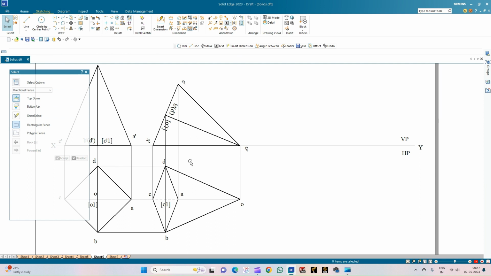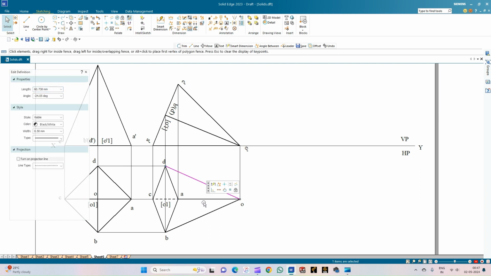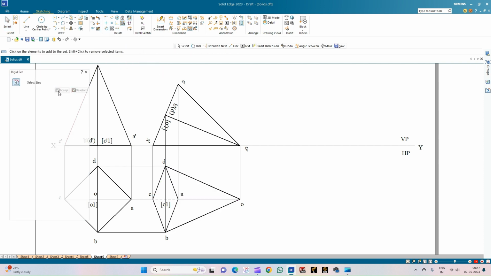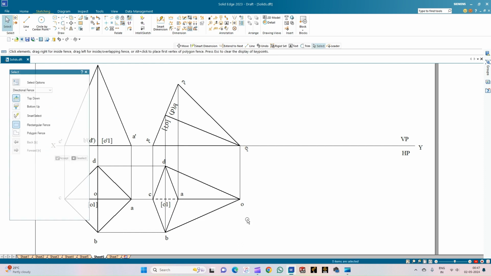So now let us select this top view of the pyramid, make this a rigid set. So the pyramid is rigid now. So now the given angle itself is the beta angle because it is very clearly told that it appears to be 45 degrees.